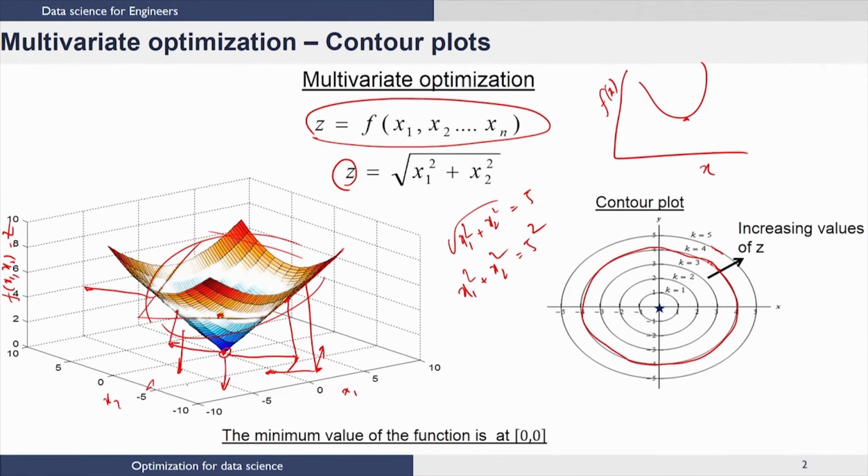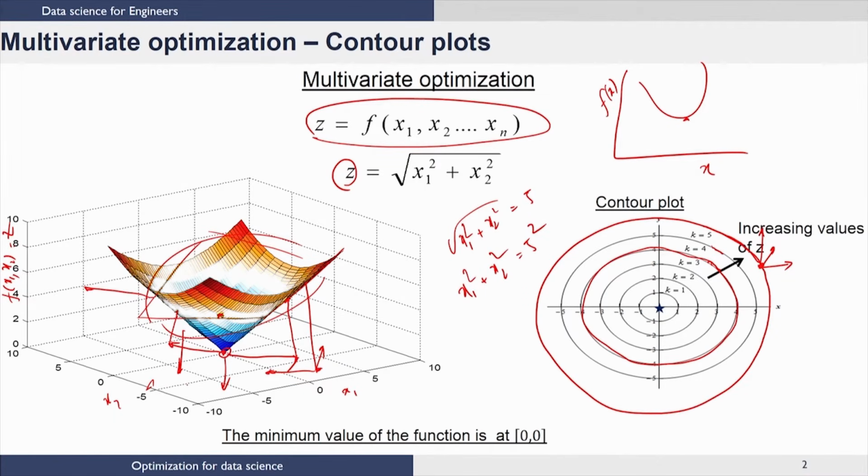Now, an interesting thing to notice is, if I start with some decision variable values here, and let us say I want to improve my objective function, I know that if I pick a contour like this and keep moving on this contour, I am not going to make any improvement to my objective function value.